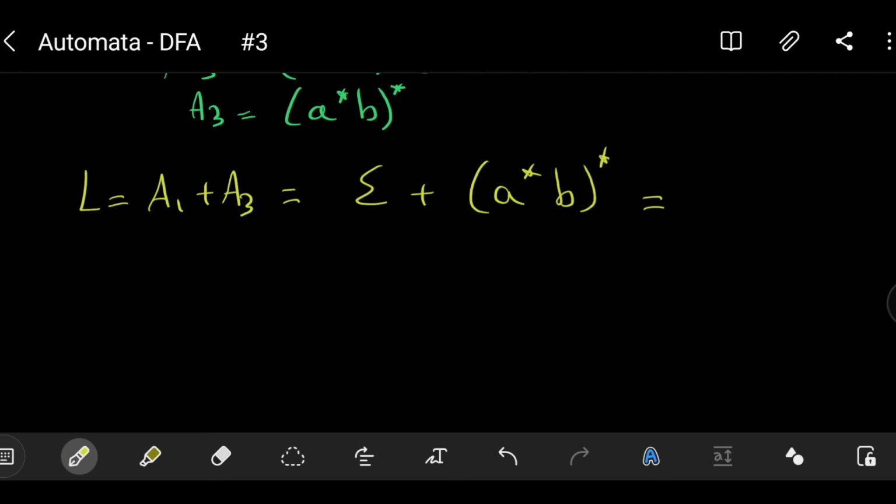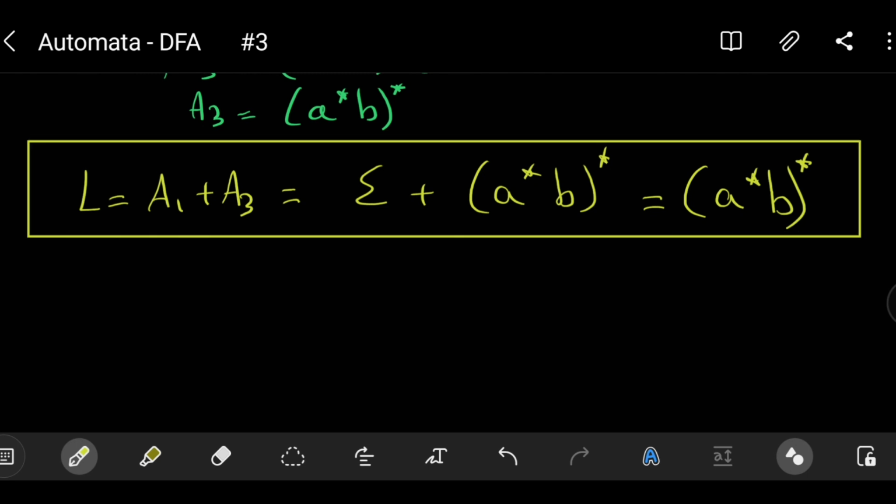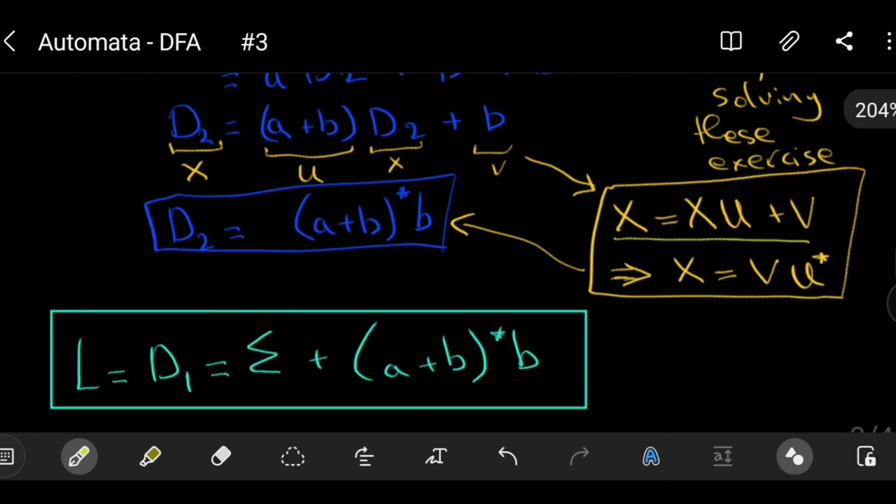It is equal to A star B star. Okay, so this is the final solution for our system, the arrival system. This is the arrival system, and this is the solution of the department system.